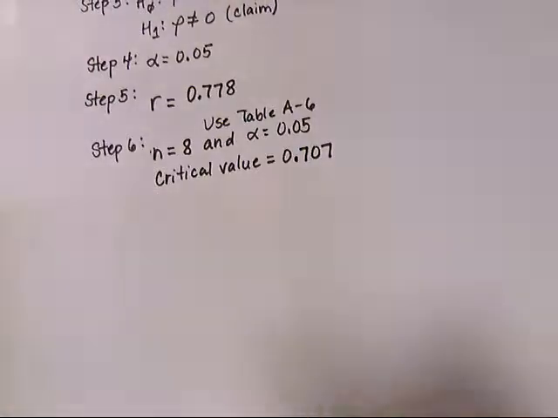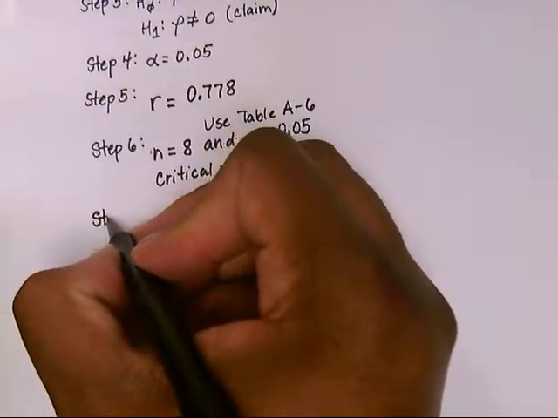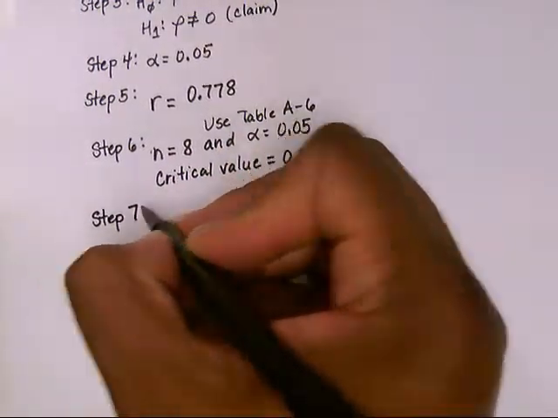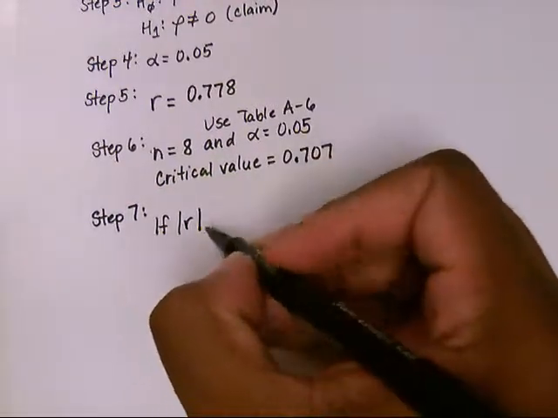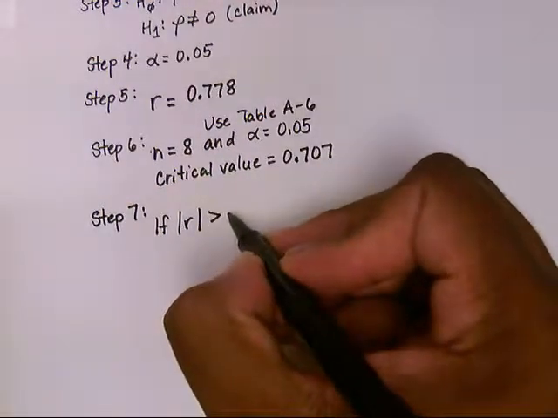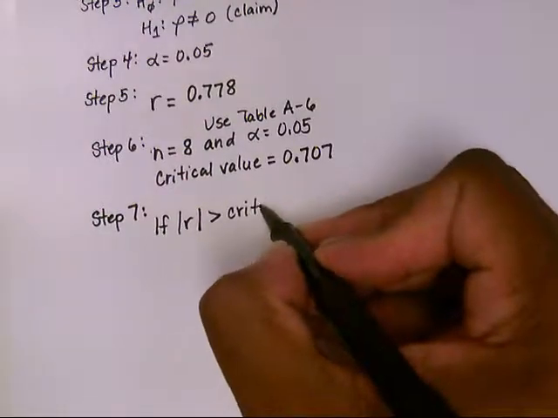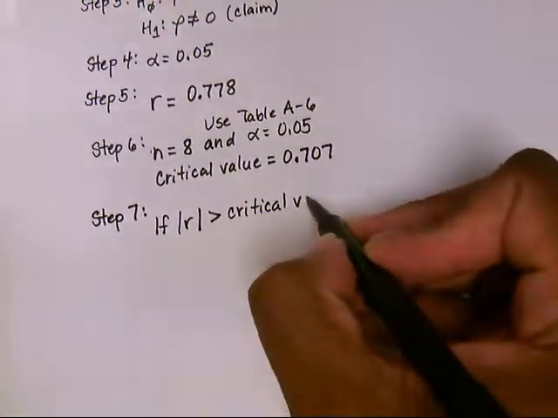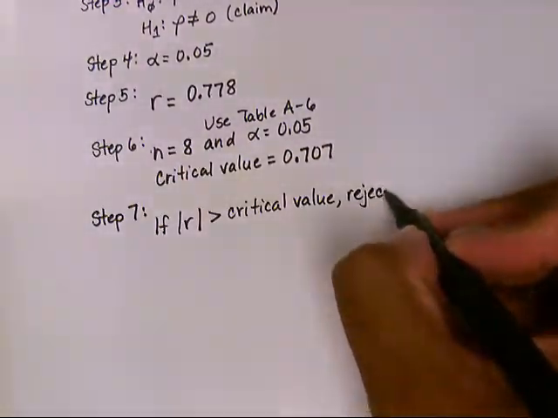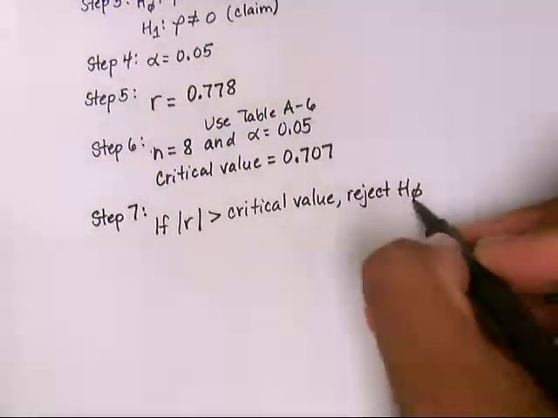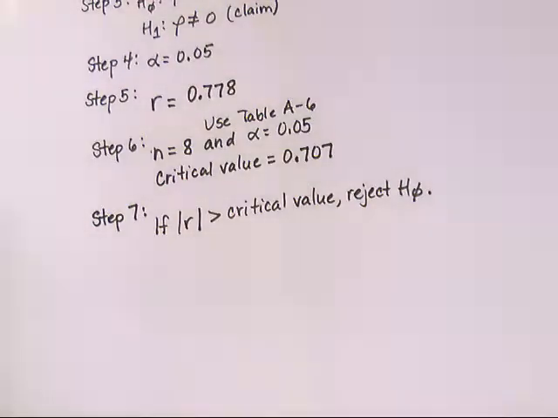And now we need to use our decision rule, step number 7. In this case here, if the absolute value of your linear correlation coefficient, which is R, is greater than the critical value, we reject the null hypothesis.